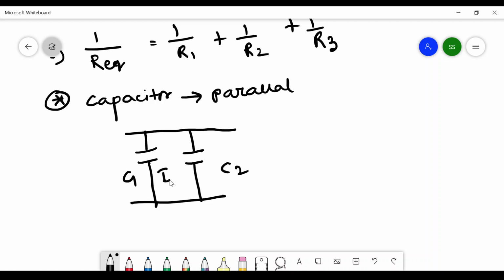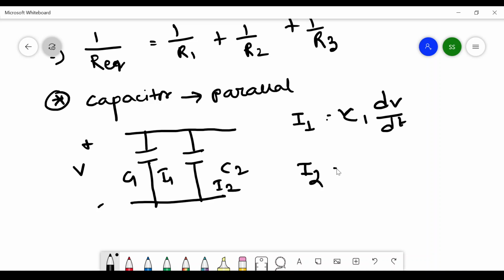Here the current is I1, here the current is I2, and because they are connected in parallel, the constant voltage across these two lines is V. So I1 equals C1 dV/dt.